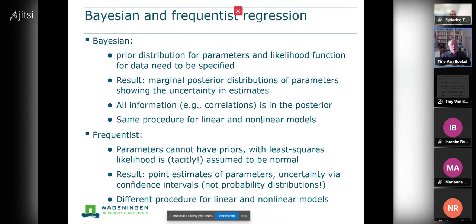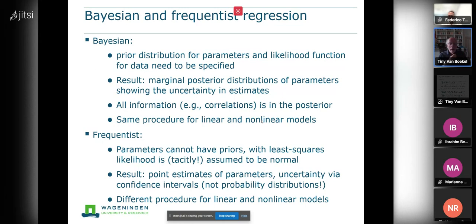In the frequentist world, you don't have priors. If you use least squares, you always assume it is a normal distribution of residuals, and you only get point estimates. The uncertainty that you can calculate with confidence intervals are not probability distributions.